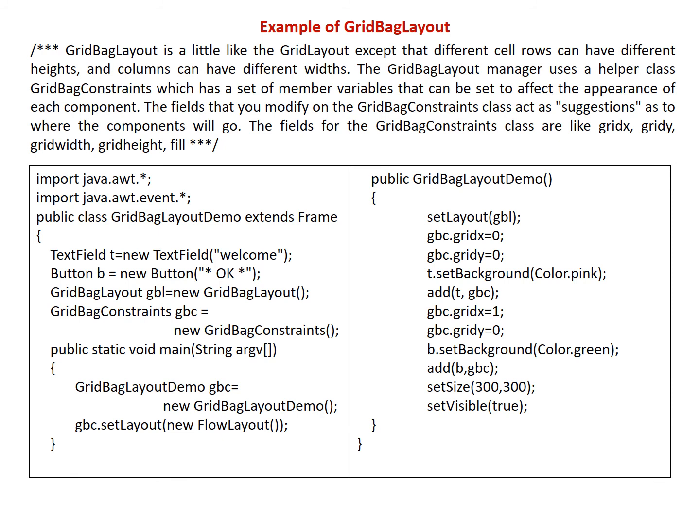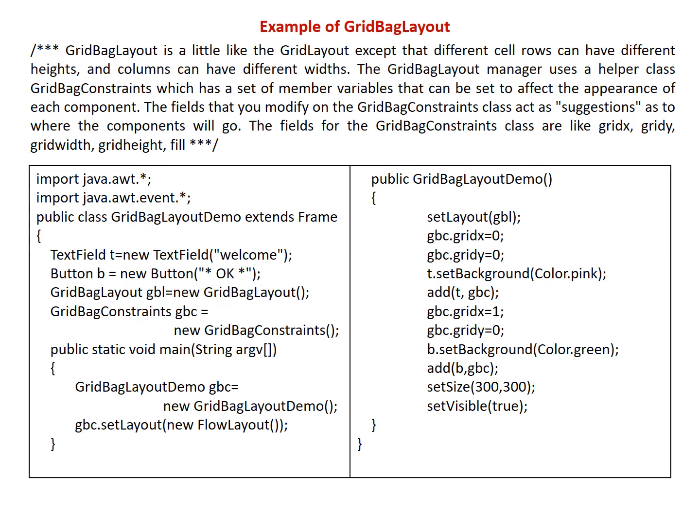Example of GridBagLayout. GridBagLayout is a little like the GridLayout except that different cell rows can have different heights and columns can have different widths. The GridBagLayout manager uses a helper class GridBagConstraints, which has a set of member variables that can be set to affect the appearance of each component.